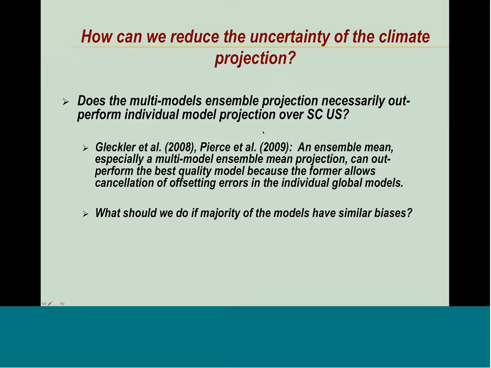However, in some regions, such as the South Central United States, the models tend to have similar biases. So in this case, it remains unclear whether multimodel ensemble projection would necessarily reduce the uncertainty.